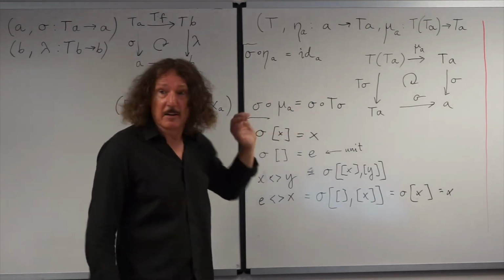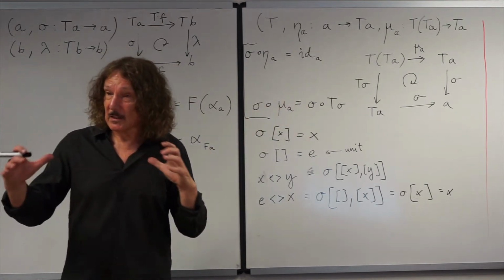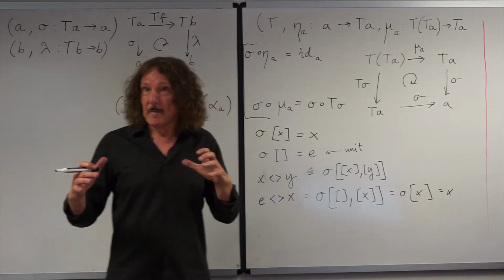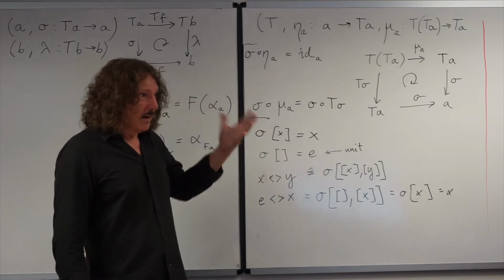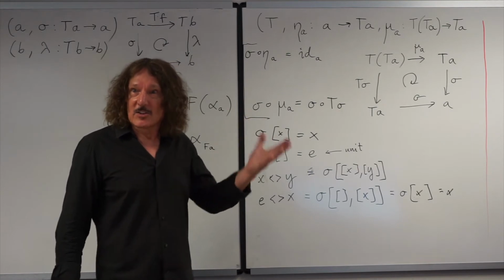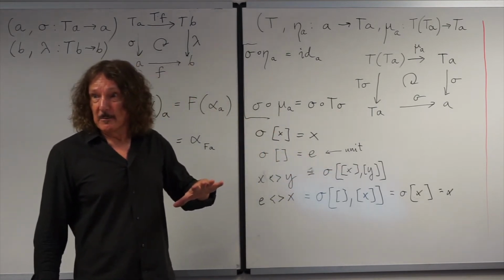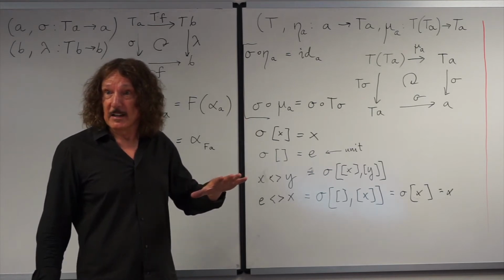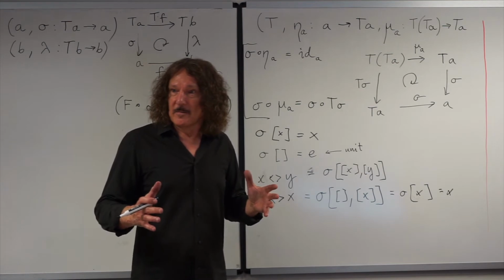And moreover, from the same coherence condition, I will get also the associativity law, because as you can see, I can always interchange evaluation with flattening, with concatenation of lists, right? And list concatenation is associative.